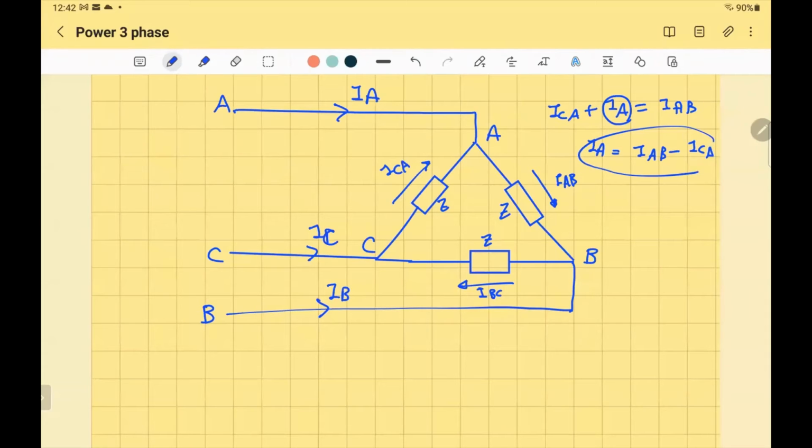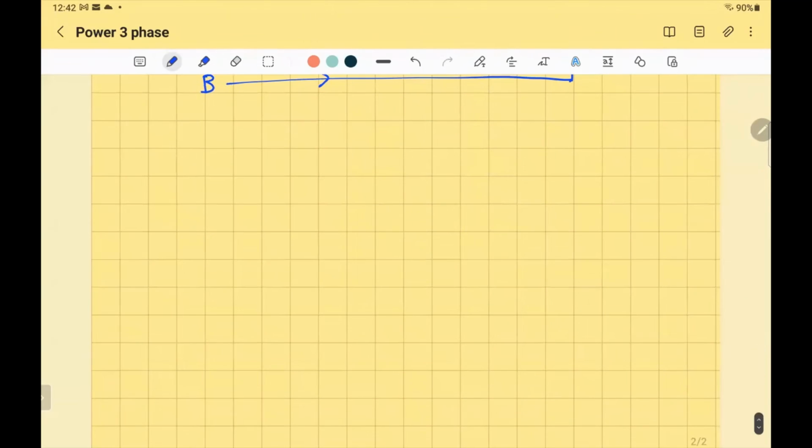IAB minus ICA. Last time was ICA minus IAB, right? So I will just sketch the phasor diagram for the phase currents IAB, IBC, ICA.